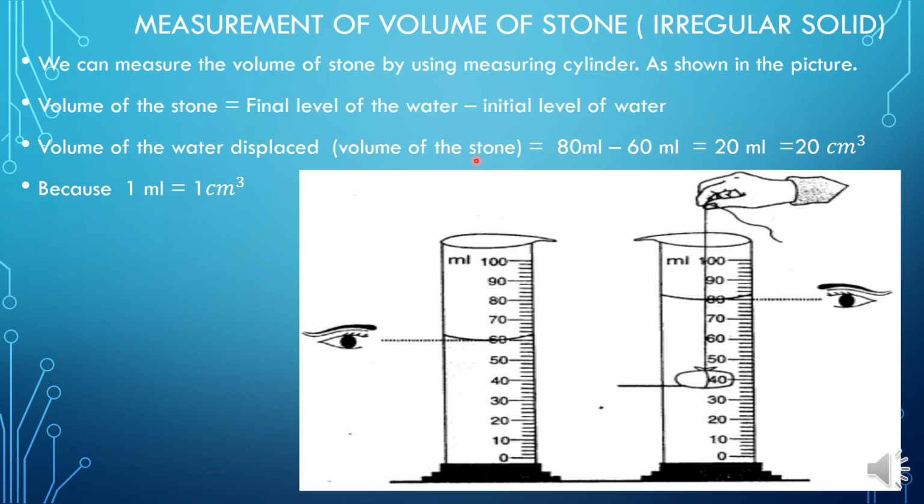Ml, that is milliliter, we usually use for liquids. Here the stone is a solid, and as we know 1 milliliter is equal to 1 centimeter cube, hence 20 ml is equal to 20 centimeter cube. So what is the volume of the stone? That is 20 centimeter cube. Okay children, I hope you understood this well.